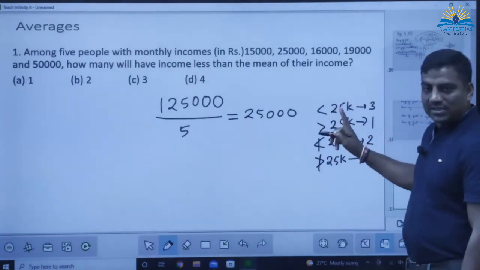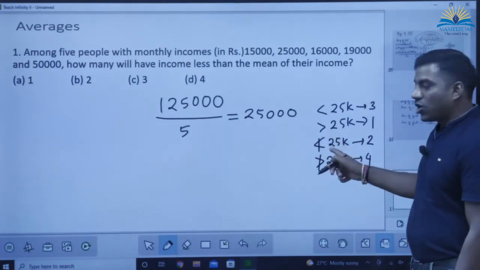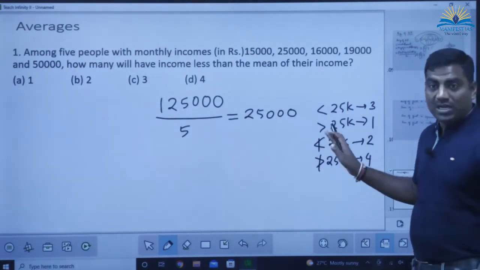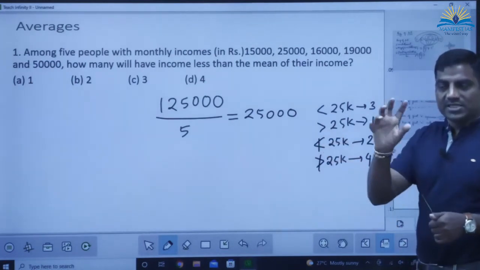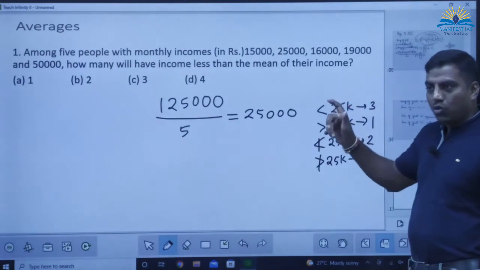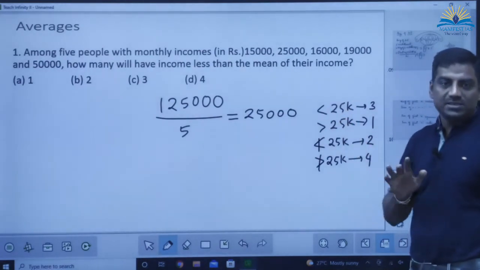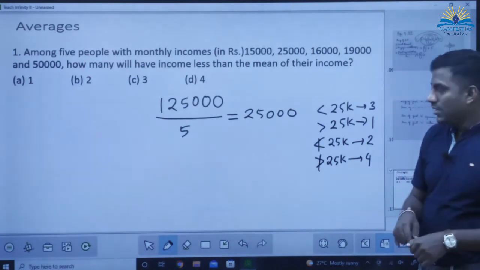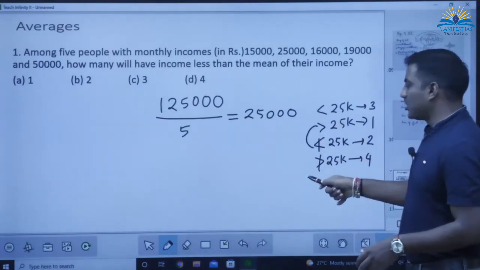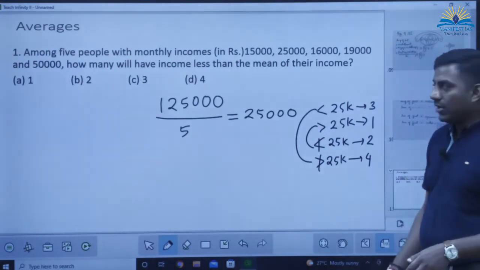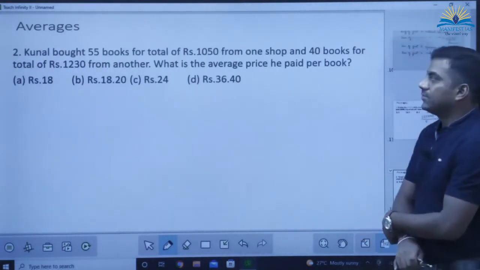This is less. This is more. This is not less. This is not more. You have to be clear about them. Usually in statement-based questions, they will confuse you with this: more, less, not more, not less. They are not the same. Okay. Next.